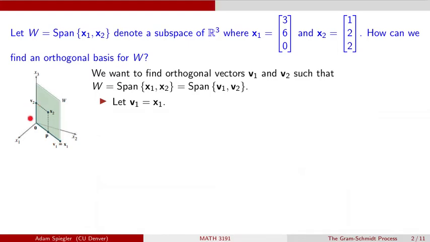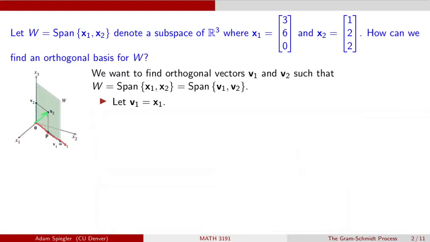But what I do want to find now is, what is this vector v2? x2 is not going to do the trick if my first vector v1 is equal to x1. This is not orthogonal to that. So let me first describe the game plan, and then we can do the calculations. What I'm going to do is take this vector x2, which is this vector that I'm drawing right here in the plane in green, and I'm going to project this vector onto the line which is spanned by the first basis vector v1.